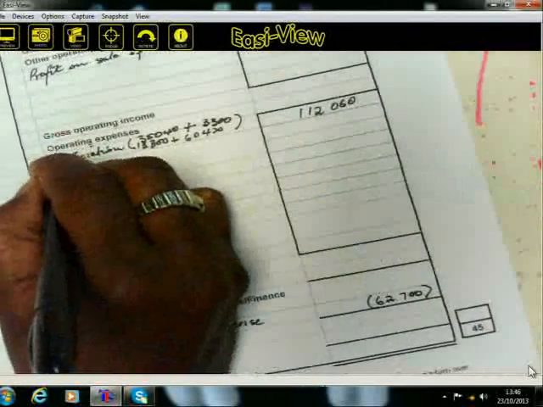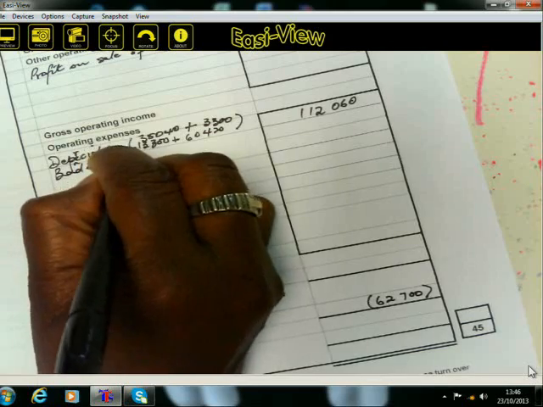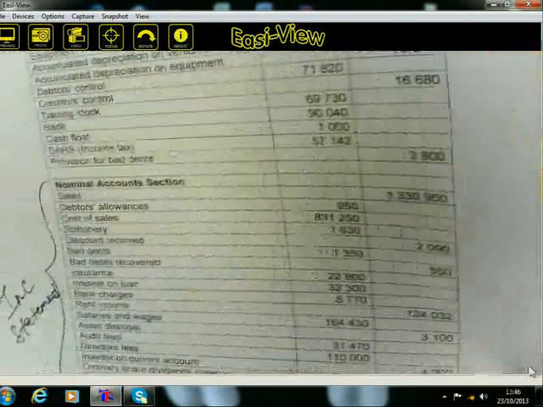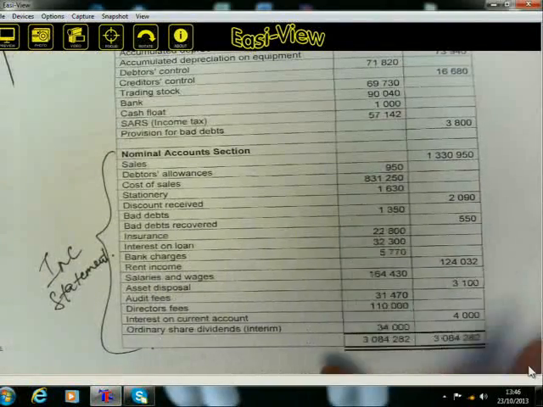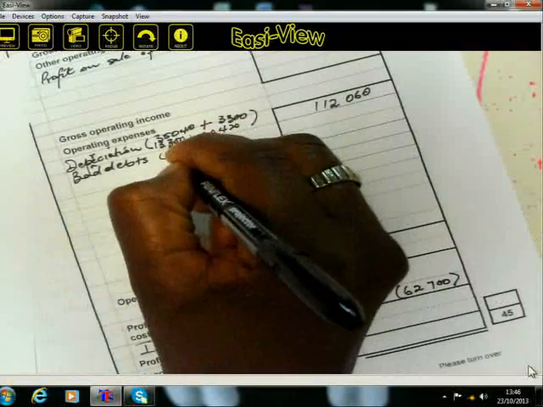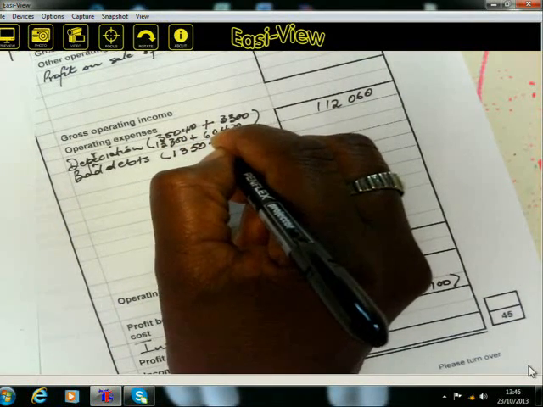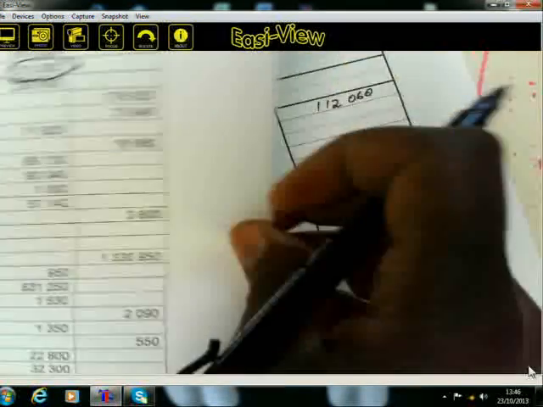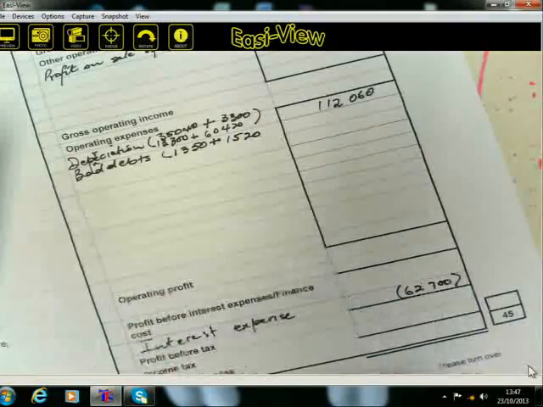So we add him to the bad debts. Do we have the bad debts in the trial balance? Yes, we do have the bad debts for 1,350. We start with the trial balance amount, 1,350, plus the additional information, which says 1,520 has to be written off.